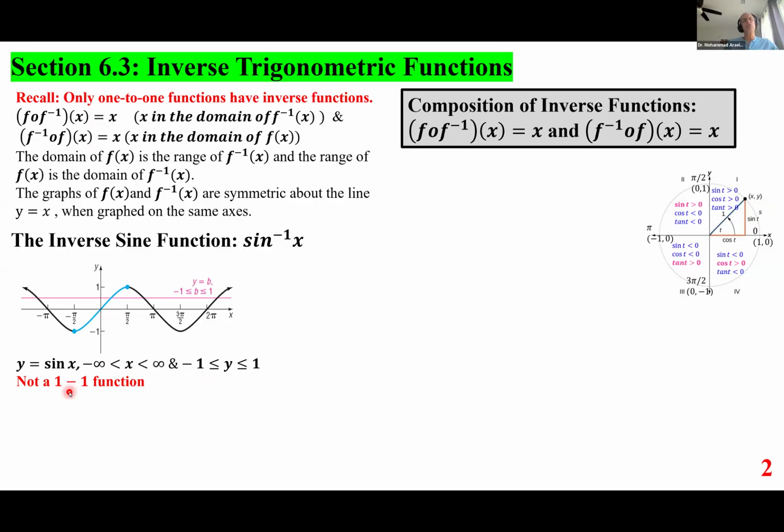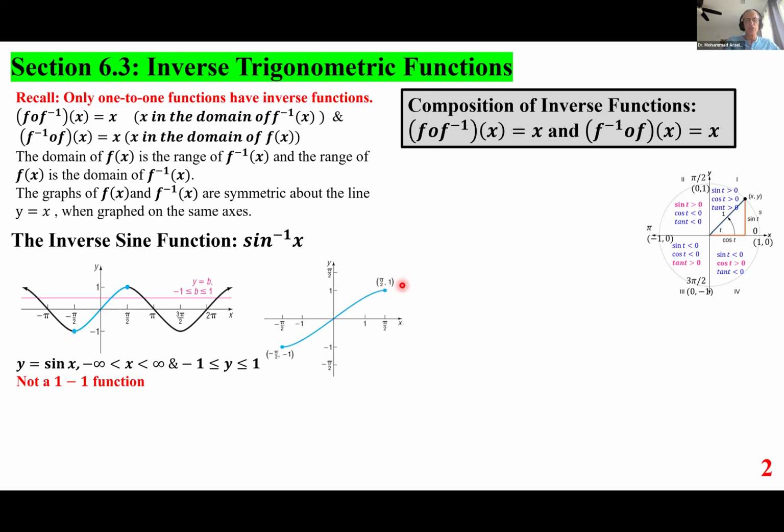And that's true for each and every one of the trigonometric functions. So what do we do? We restrict the domain such that the entire range is included. So if we restrict it from minus π/2 to π/2, and by the way, the way you restrict it, you try to have it in one shot, okay? Not disconnected, and covering the entire range, then it becomes a one-to-one function.